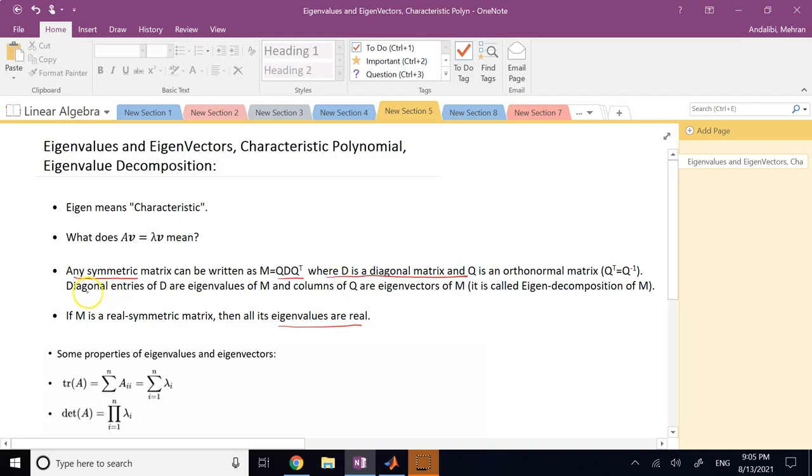The diagonal entries of this diagonal matrix are the eigenvalues of M, and Q is an orthonormal matrix.